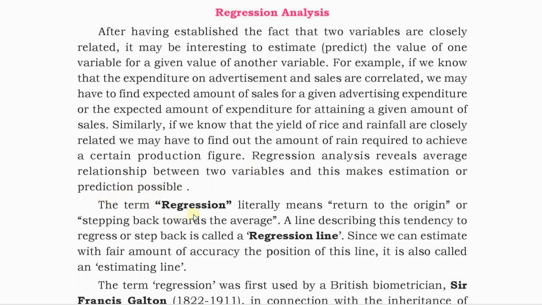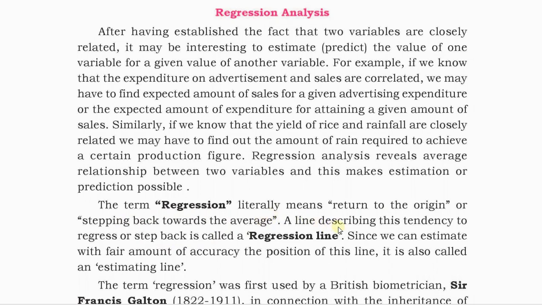The term regression literally means return to origin, or stepping back towards the average. So return to the origin means instead of trying to predict the dependent variable, we are trying to estimate what should be the independent variable value, so that we can achieve the respective target.